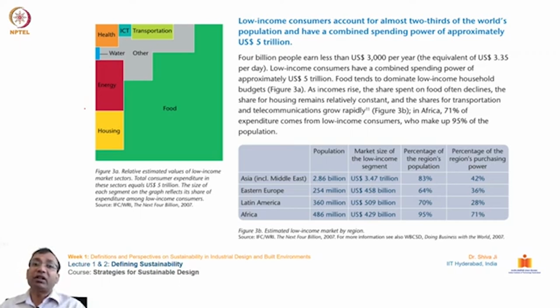So meeting the requirements is one thing. On the other hand, this also exerts a lot of pressure. You can see how this can be maintained in the table on the right side. The population of Asia, including the Middle East, is around 2.86 billion. The market size of the low income segment is around 3.47 trillion US dollars, and the percentage of the region's population in this sector is around 83%, while the percentage of the region's purchasing power overall is only 42%.